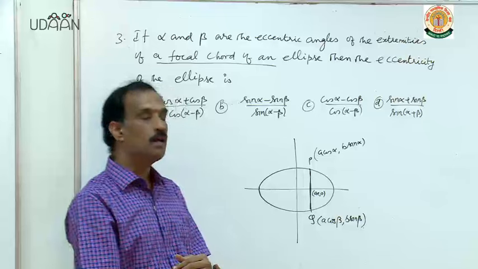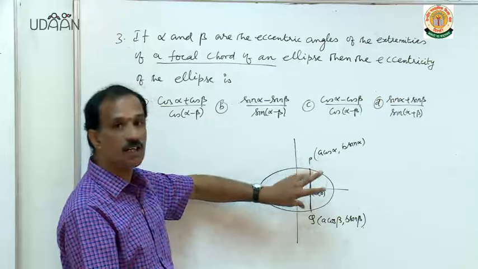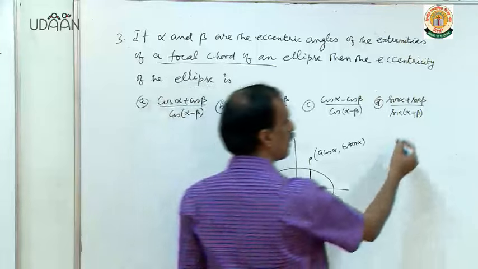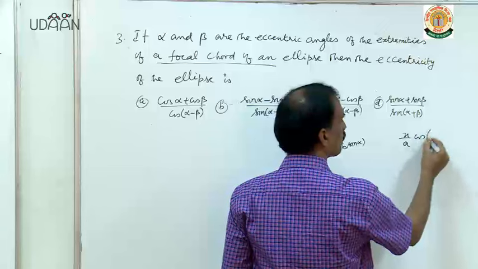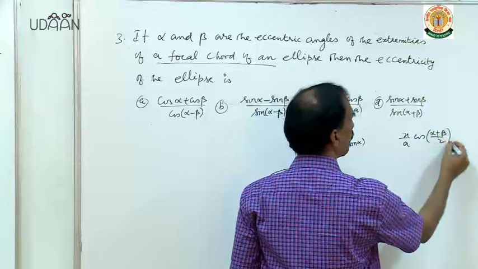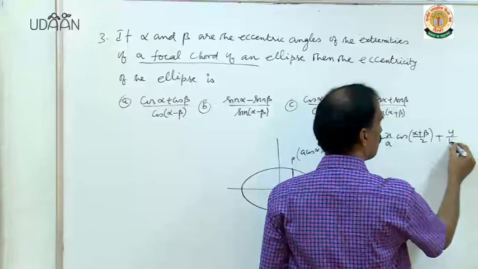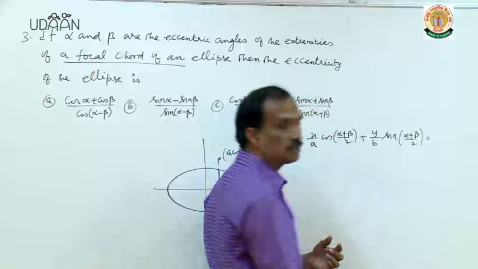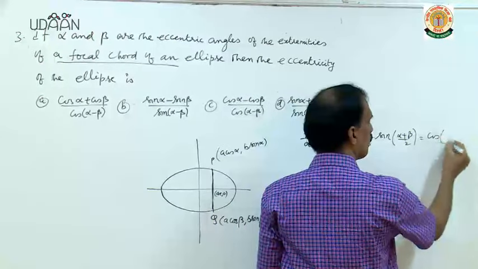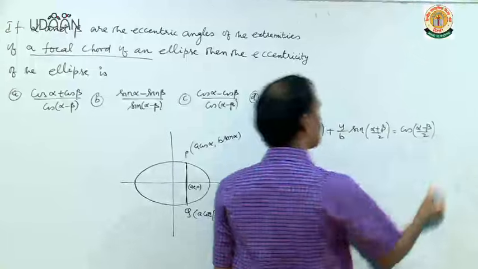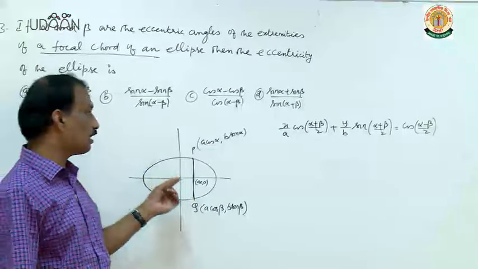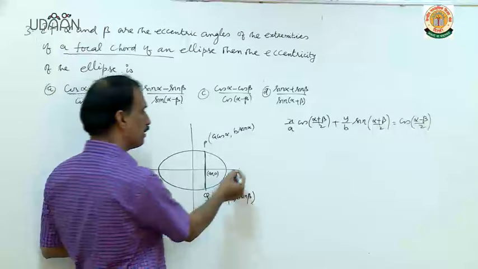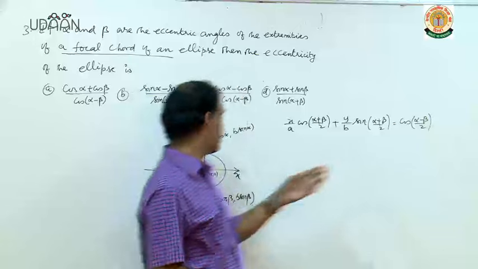Already we know the equation of a chord joining these two points: x by a cos of (alpha plus beta) by 2 plus y by b sin of (alpha plus beta) by 2 equals cos of (alpha minus beta) by 2. This we have already seen, the equation of a chord joining two points on the ellipse. Now this is the equation of chord PQ.